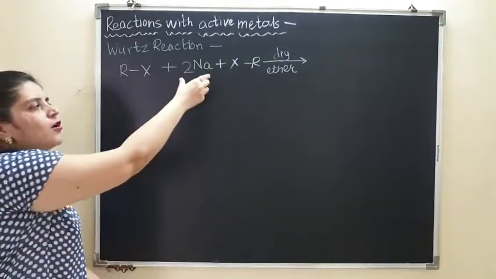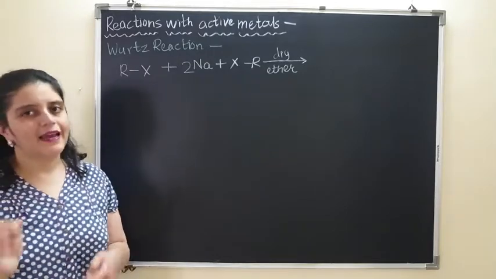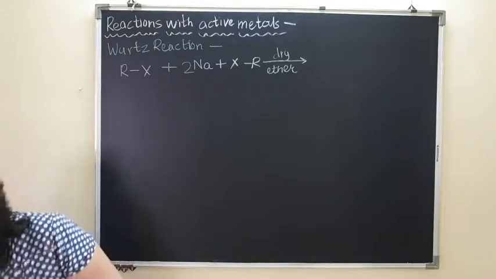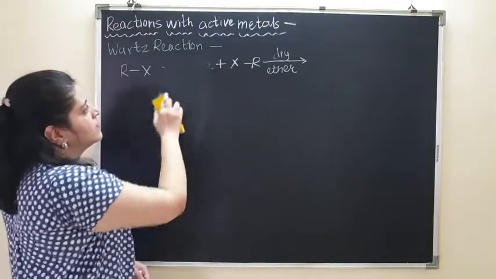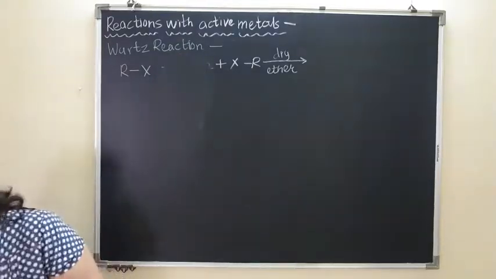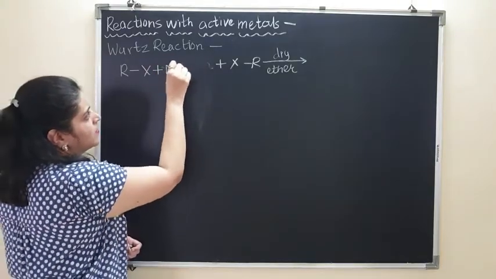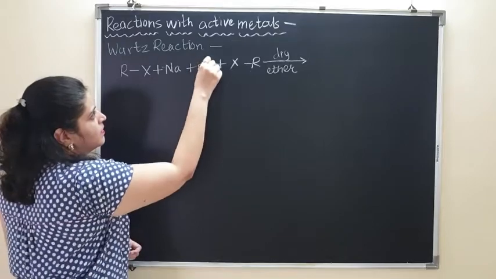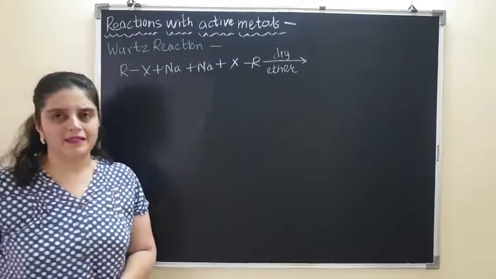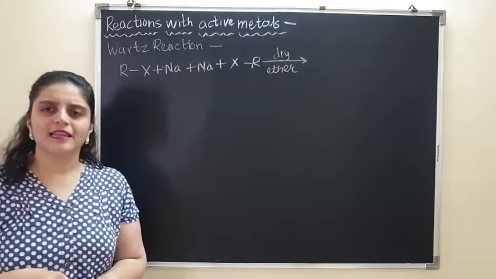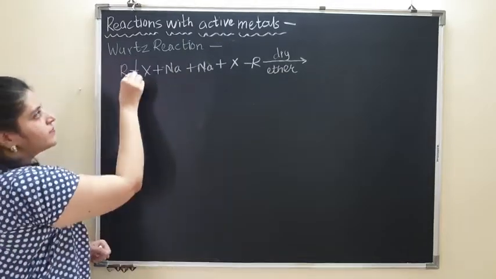Similarly, if you want, you can also write down Na plus Na for the simplicity of understanding. 2 times Na is nothing but Na plus Na. So now the reaction that is going to take place is this.